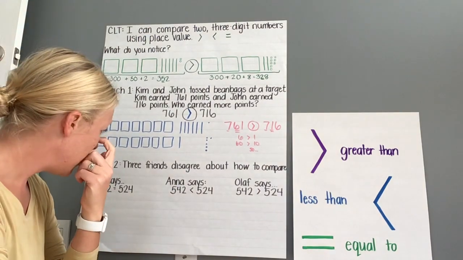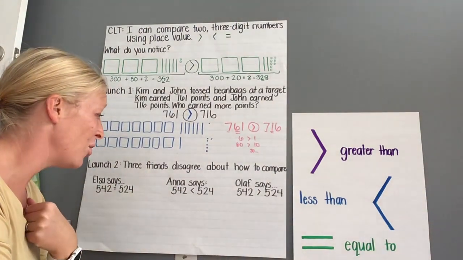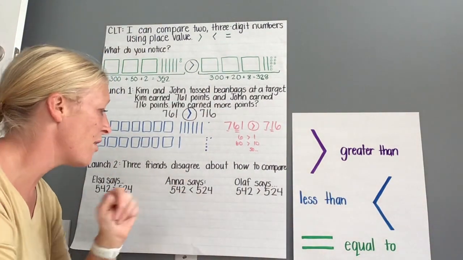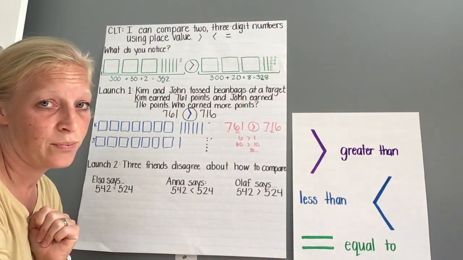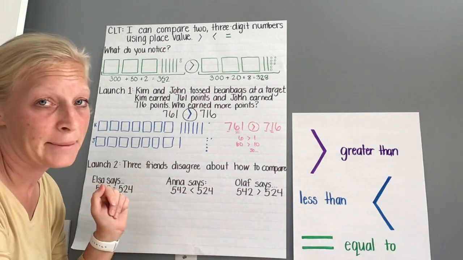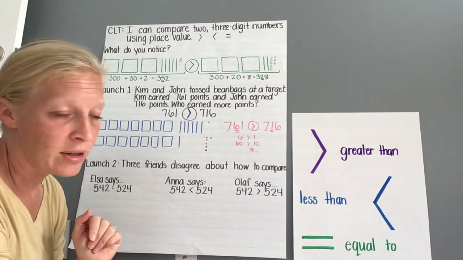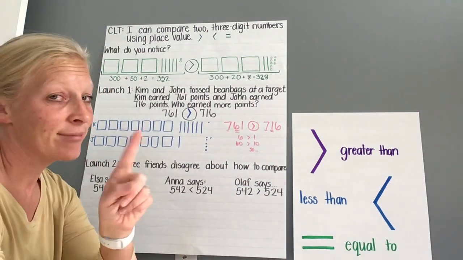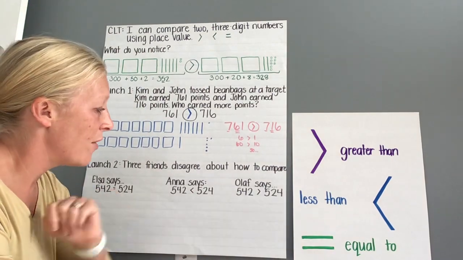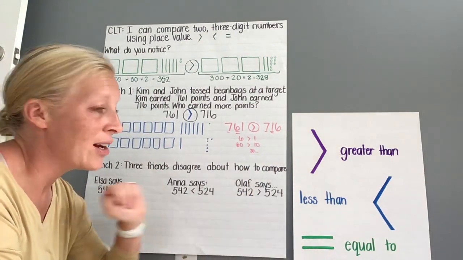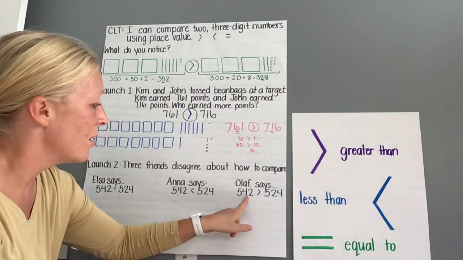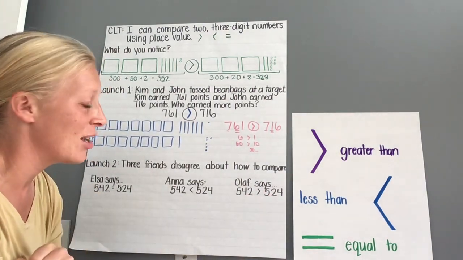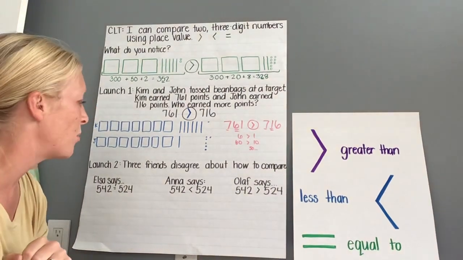Anna says that 542 is greater than 524 because 4 is more than 2 in that ones place. Olaf says, I disagree. 542 is greater than 524 because the 4 in the tens place is greater than the 2 in the tens place.